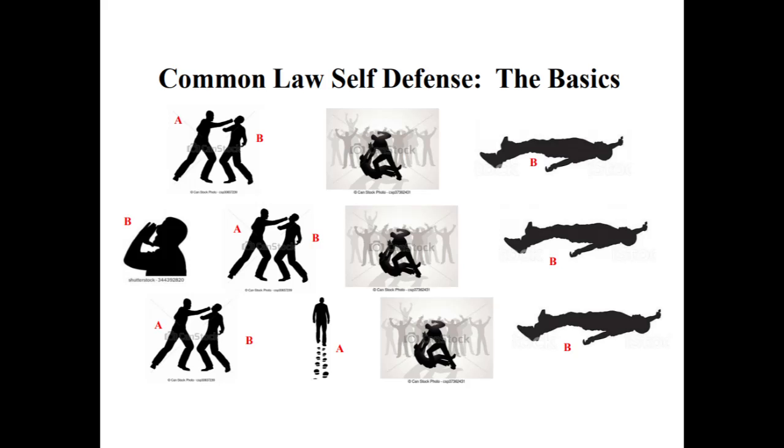There are a number of interchangeable standards it sets out: one who provokes the conflict, one who precipitates the altercation, one who is not free from fault, one who incites the fatal attack or encourages the fatal quarrel, someone who commits an affirmative unlawful act. All right, so there are a variety of ways to define or understand this term aggressor, or any of them would be appropriate.